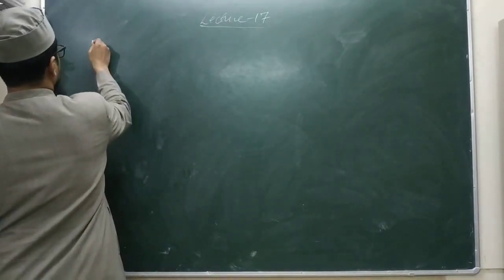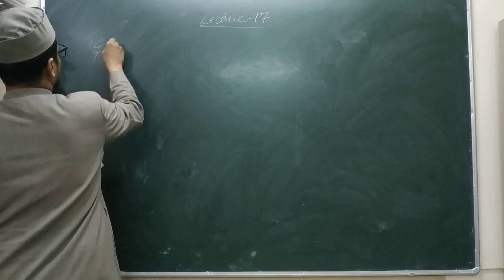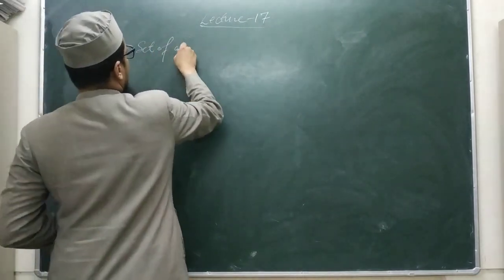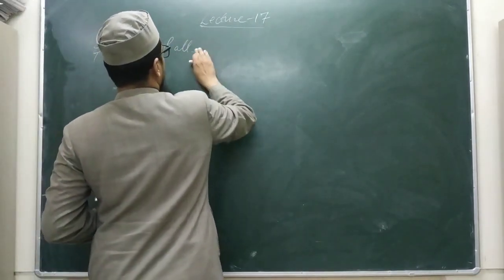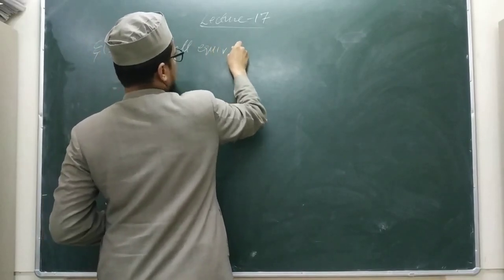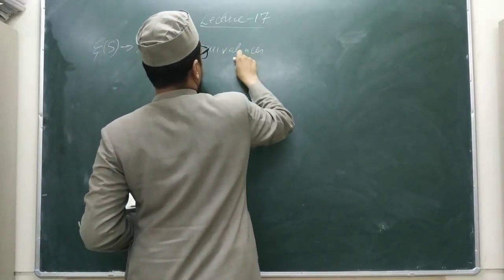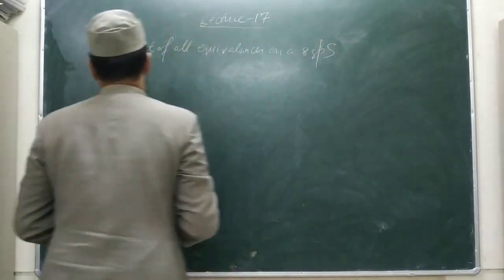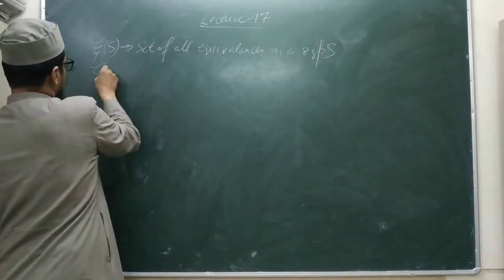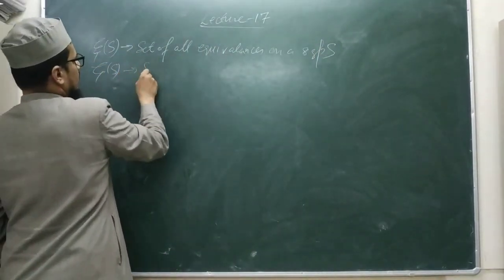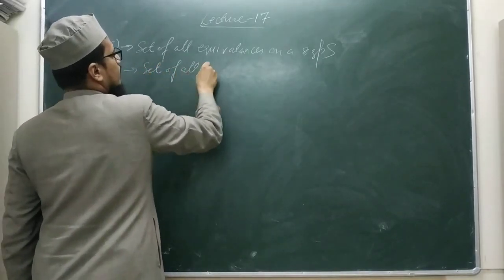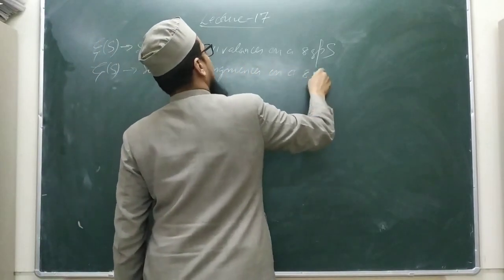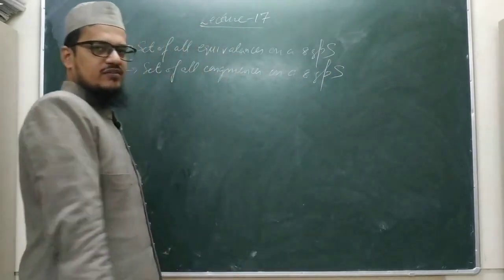See, this is the set of all equivalences on a semigroup S, and this is the set of all congruences on a semigroup S. These are the two sets.